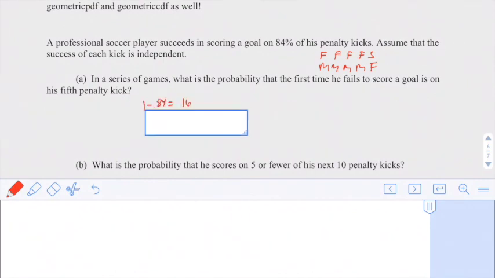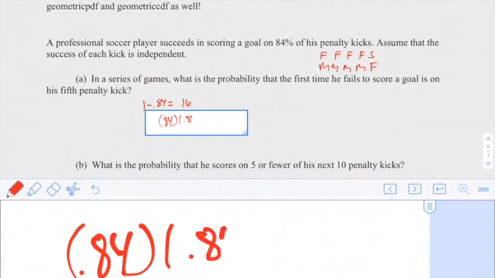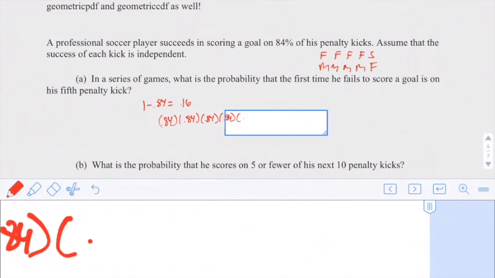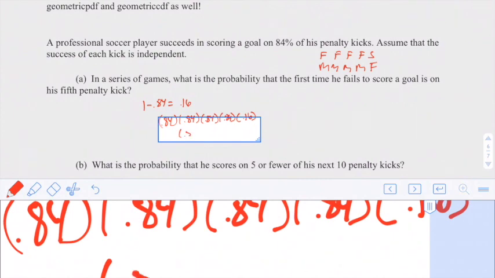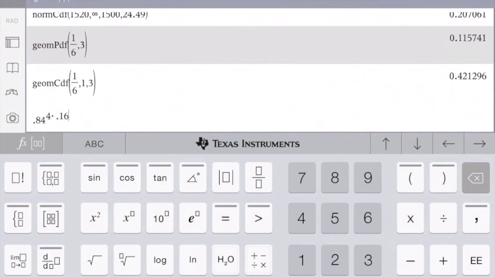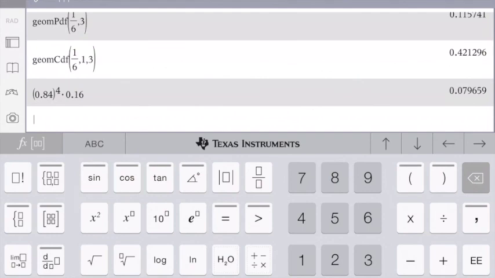If he makes it, it's 0.84, then he makes it again, then again, then again, and then on his 5th one, he finally misses. We can simplify this to 0.84 to the 4th times 0.16. 0.0796, I'm going to round that 0.08.